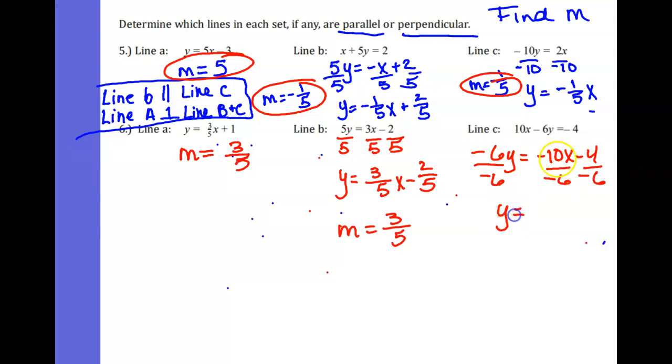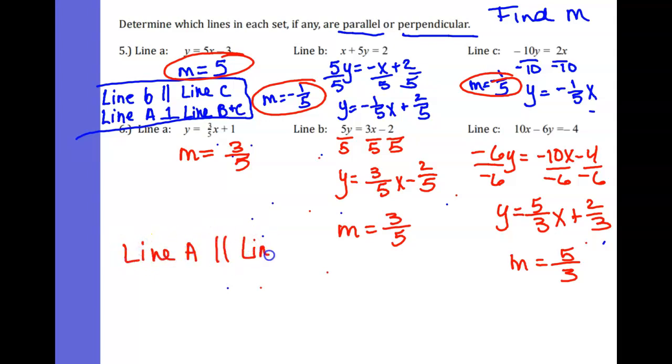Y is equal to positive 5/3 x after I simplify plus 2/3. So here our slope is 5/3. Okay, 5/3 is the reciprocal of 3/5, but it's not the negative reciprocal or the opposite reciprocal. So the only conclusion we can make for number 6 is that line A is parallel to line B.